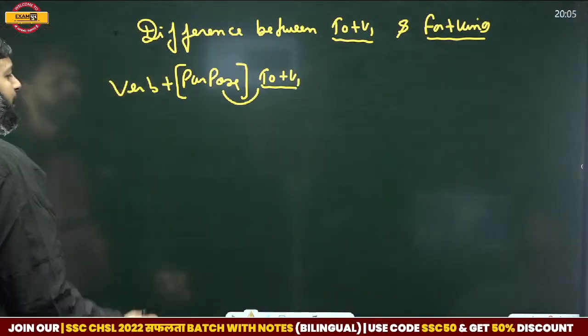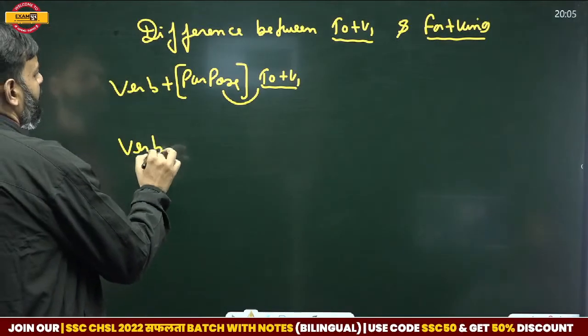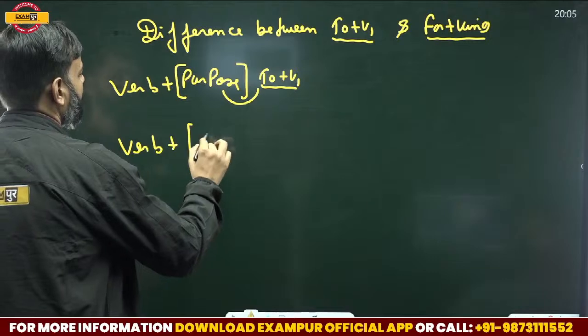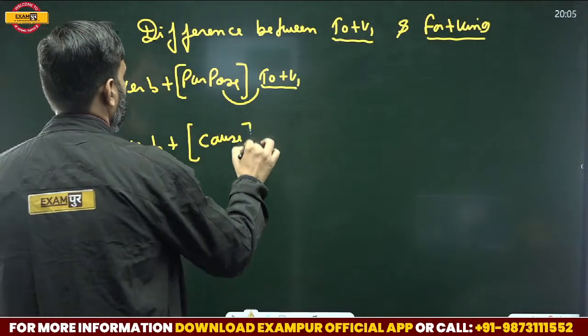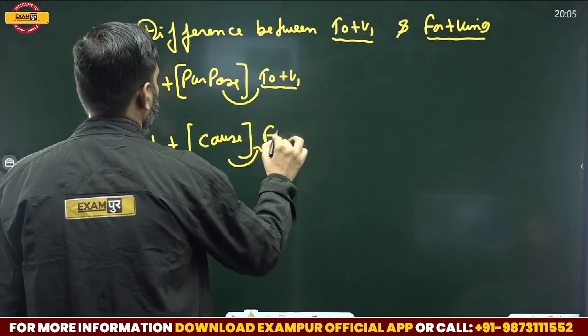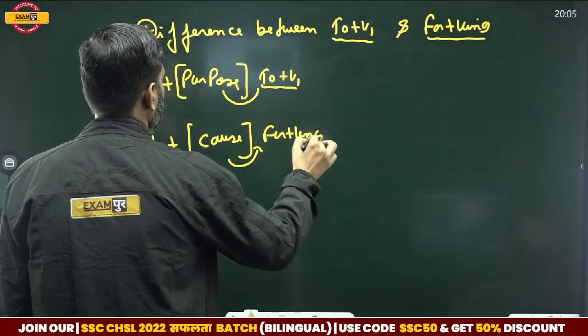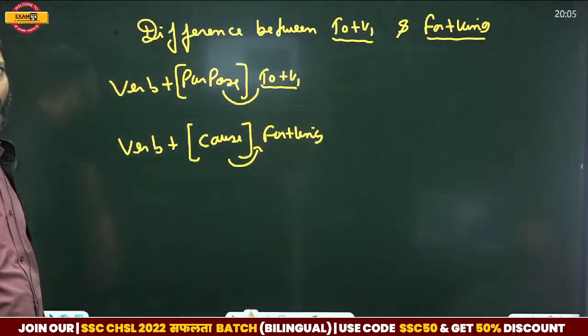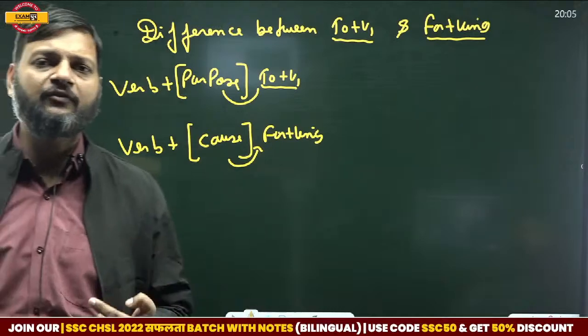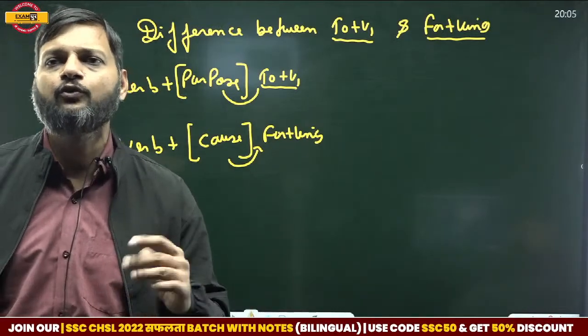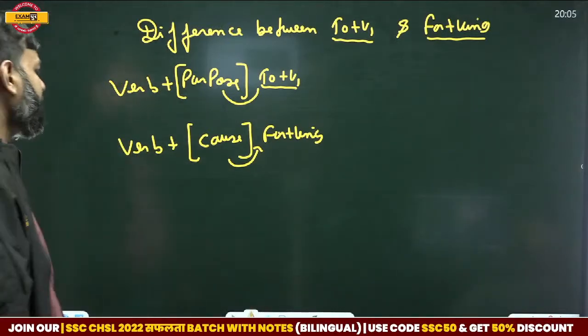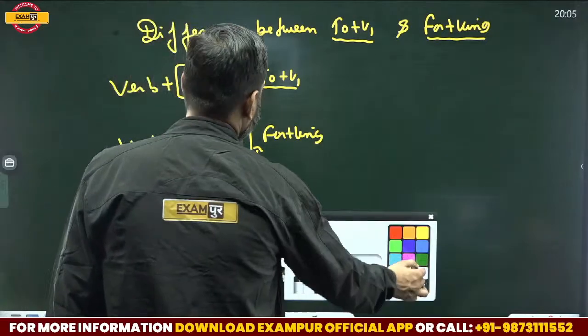Okay, and if a verb has a cause, not purpose, cause, it should be for plus ing. Okay, to denote purpose we use to plus V1, and to denote cause we use for plus ing. Let me give you one example for each.